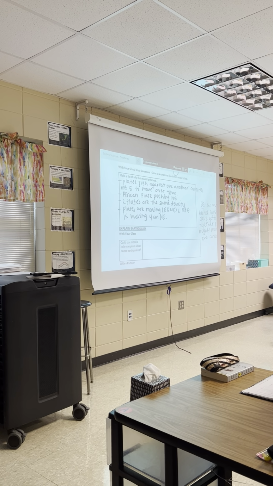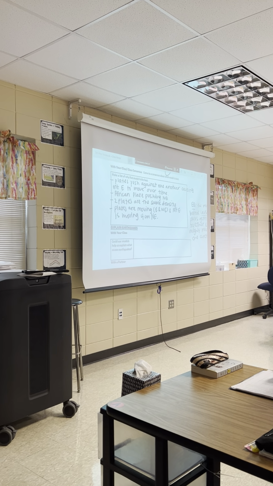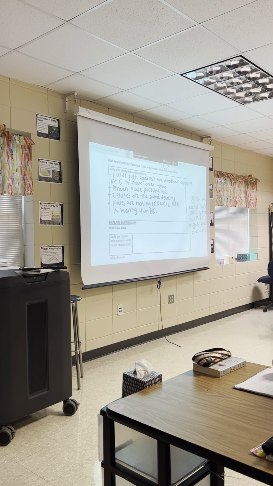What page are we still on again? To write: the model shows the movement of the plates. I put it. So the model shows the movement of the plates.